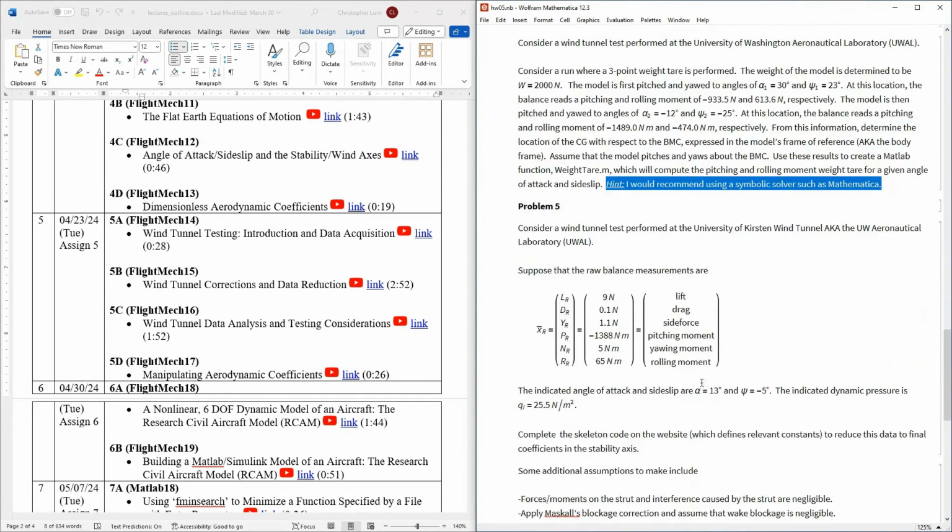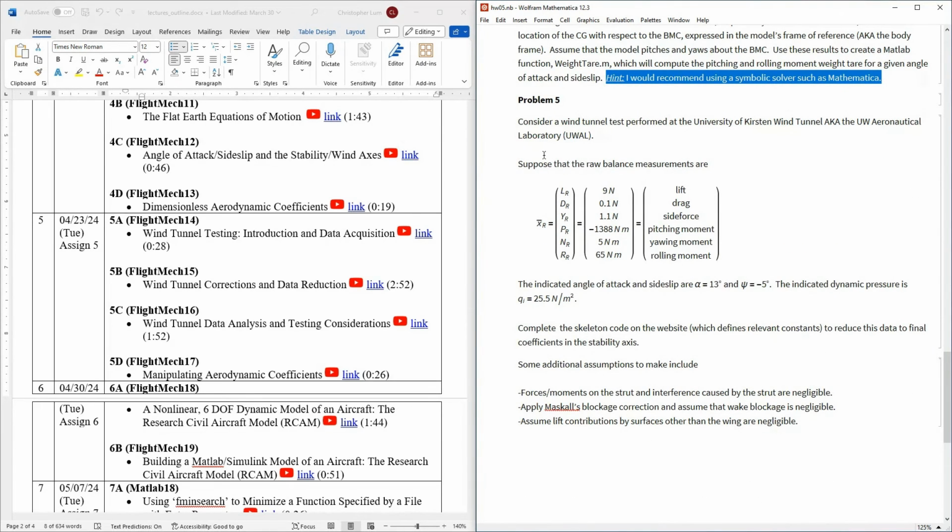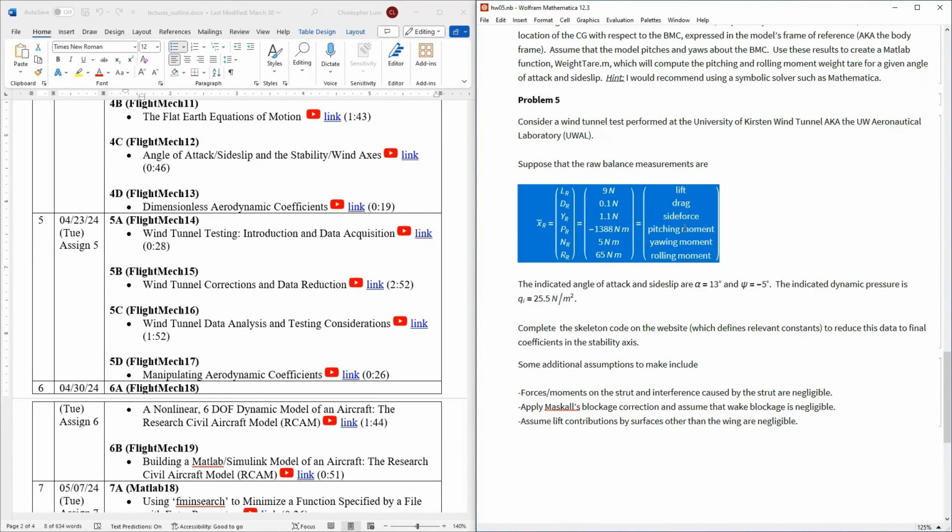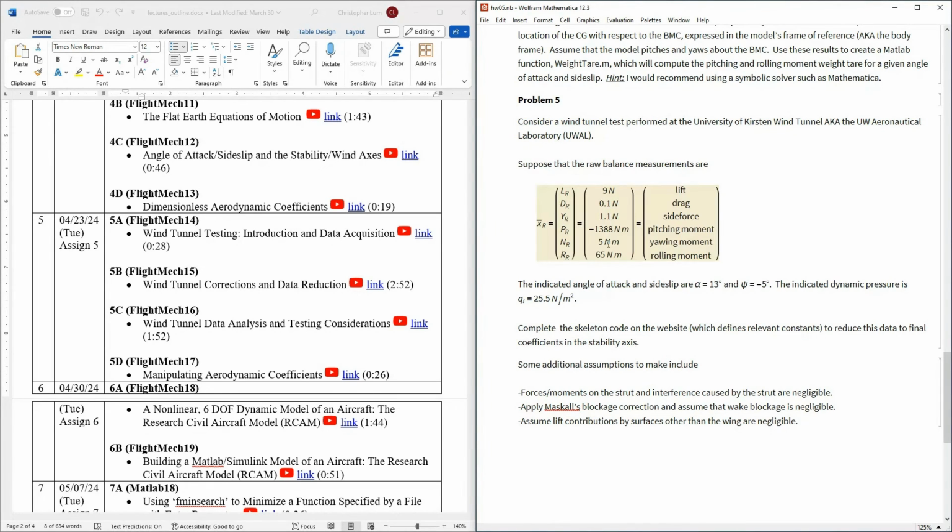Okay, and then lastly, problem 5 is let's go through one data point. Let's say you collect this one data point of roll, pitch, yaw, lift, drag, side force from the wind tunnel, right? The balance reads this. How are we going to take this one data point, run it through all of these corrections we talked about, and produce a coefficient, an equivalent data point which is in reduced coefficient form for a full-scale free air model?